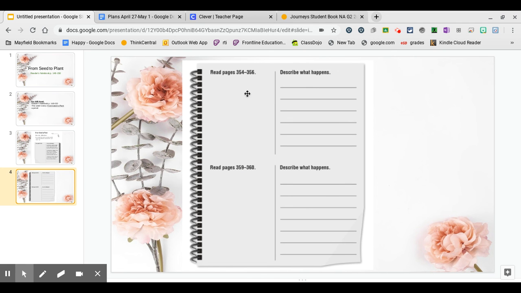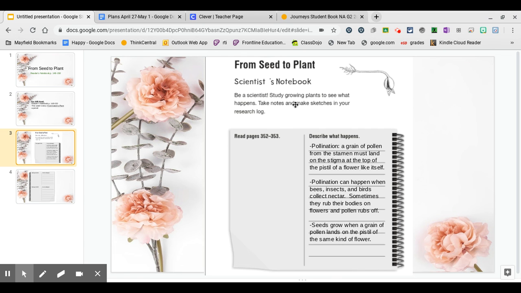Notice they tell you to read pages 354 through 356. I want you to look carefully and see if you can take down 2 different notes from these sets of pages and draw 2 sketches. Remember, we're focusing on growing plants to see what happens.